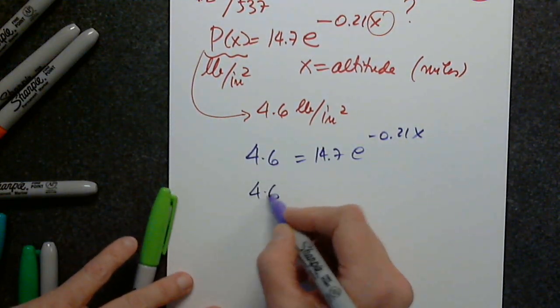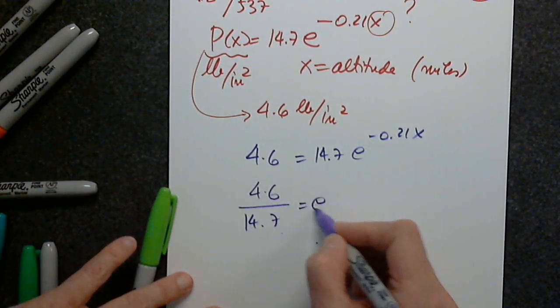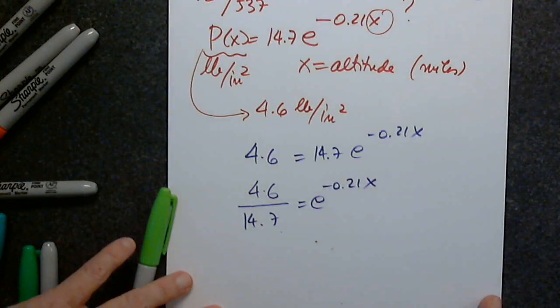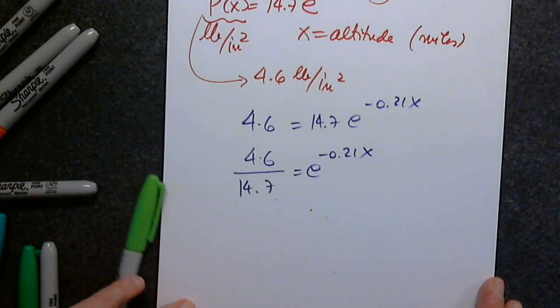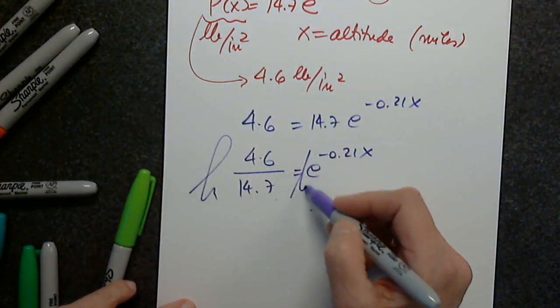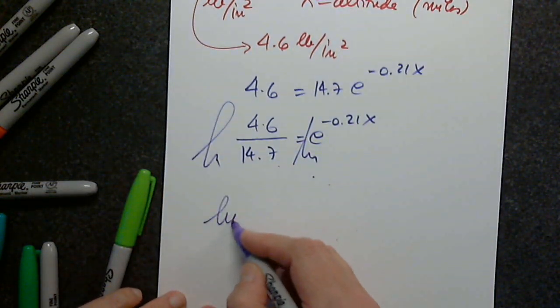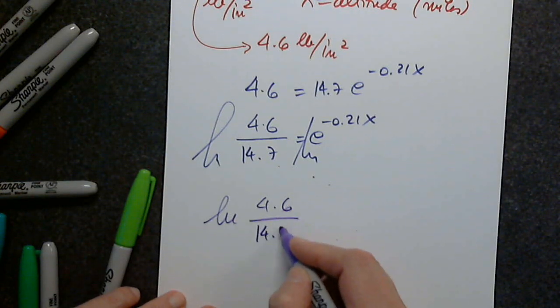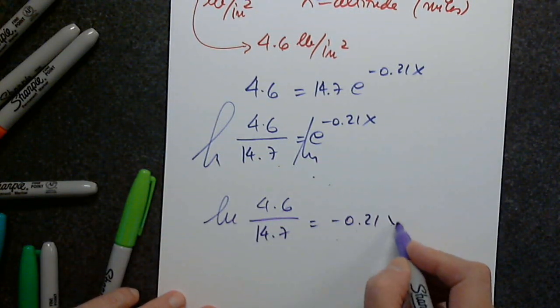Of course, we have to clean it up. And now, natural log to both sides. So we have the natural log of 4.6 over 14.7 equals negative 0.21x.